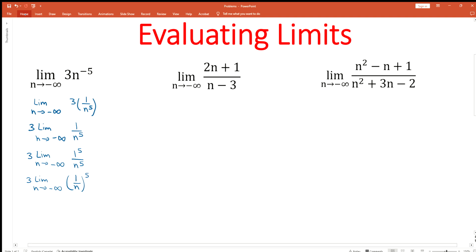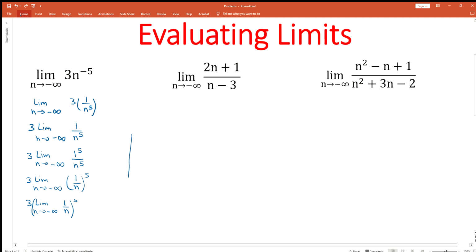Next we can use algebraic laws of limits to apply the limit to 1 over n in the parentheses. Limit n approaches negative infinity for 1 over n is equal to 0 because 1 over n is a rational function.